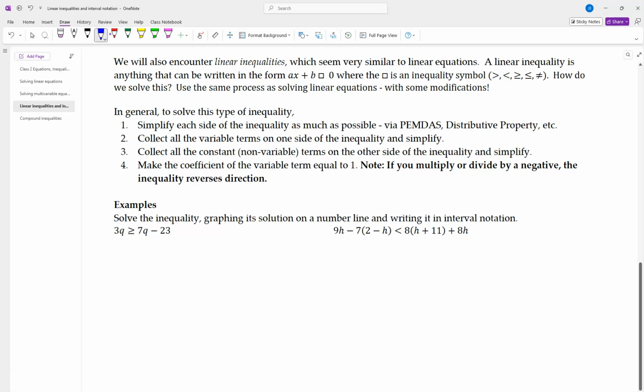So in our first example, we would need to get q's to the same side. So I'm going to subtract 7q just for fun. I could rearrange it if I wished. So I'm going to subtract those, and then let's say I'd end up with negative 4q is greater than or equal to negative 23.